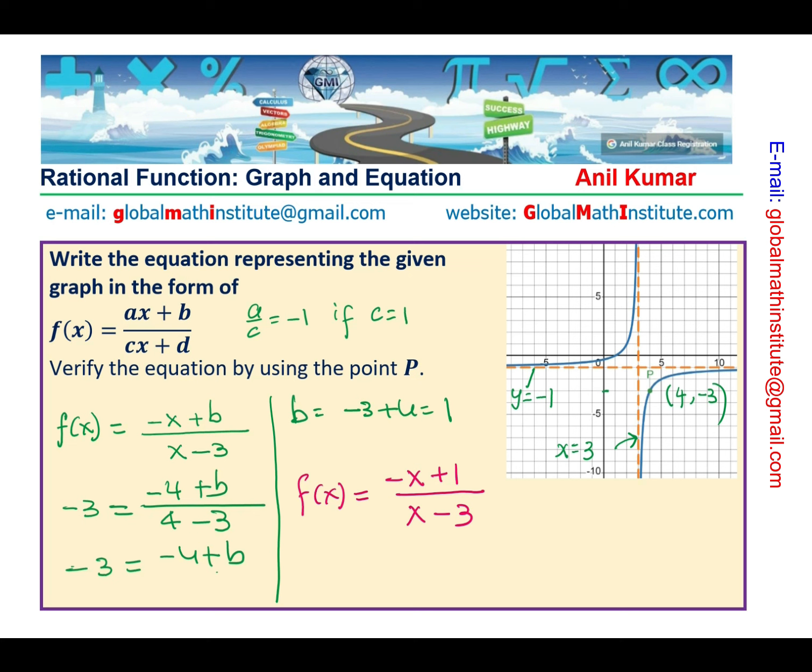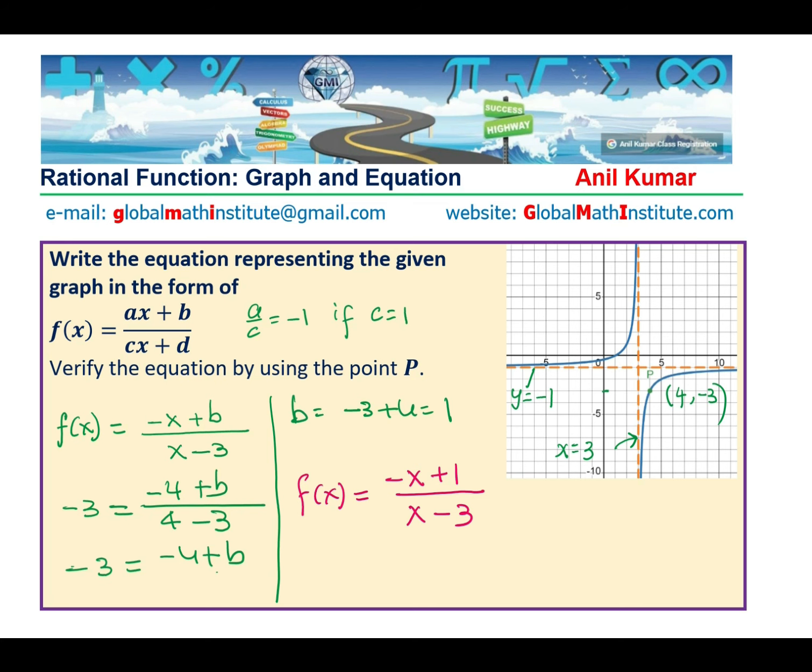So in this particular case, as we have seen, the point P was 4 and minus 3. Substituting 4 for x and minus 3 for y, we got a value that satisfies the equation. That is how you should actually solve the graph. Use the point given to you. Perfect, so I hope it is absolutely clear.